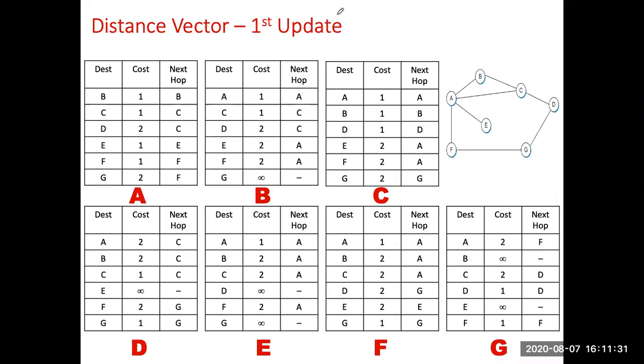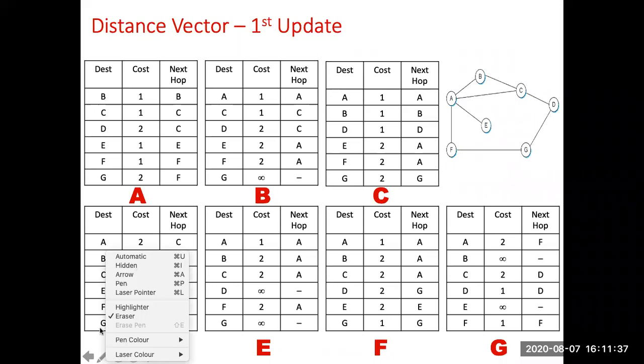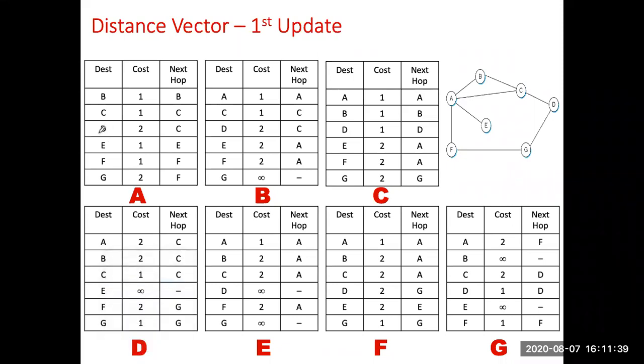Then we will see how they update their information after exchanging information with the immediate neighbors. Let's say for A, the cost of D was infinity and G was infinity.